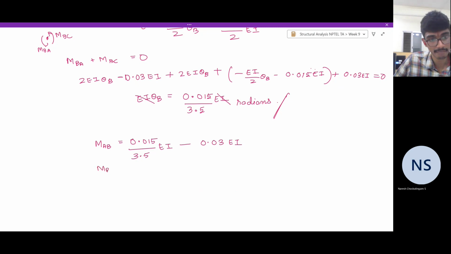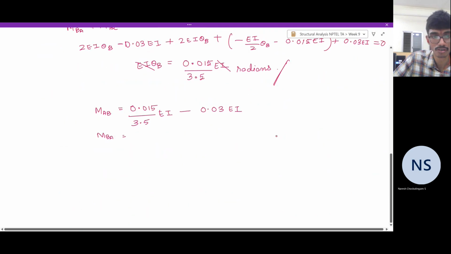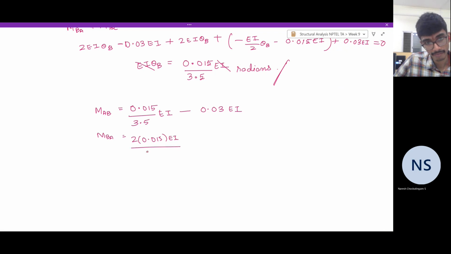And what is MBA? MBA is double of this, 2 times 0.015 EI by 3.5 minus 0.03 EI.